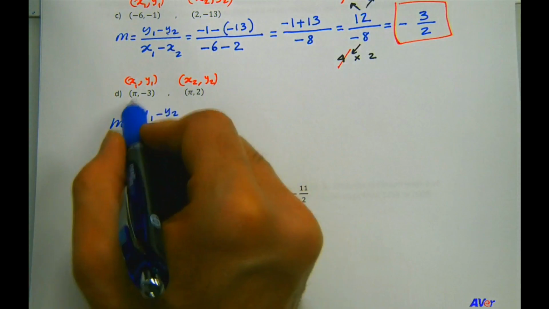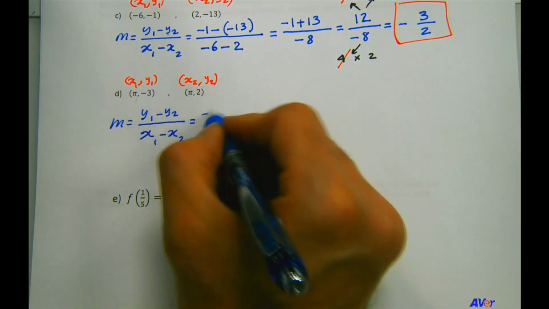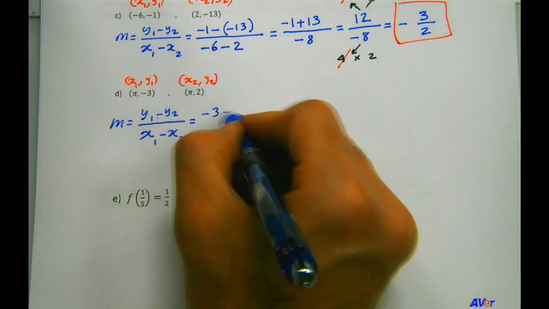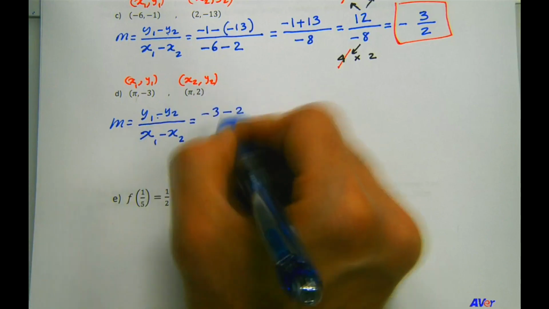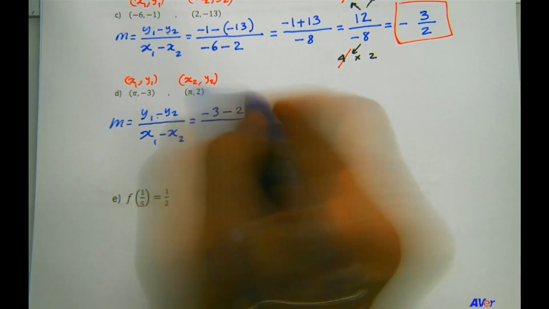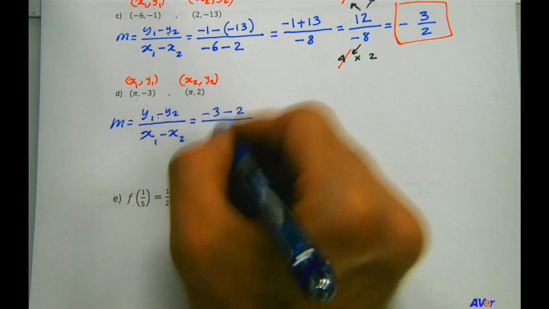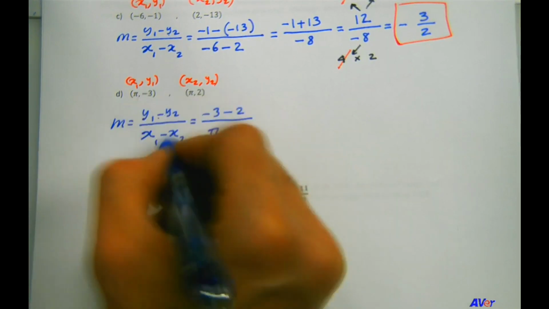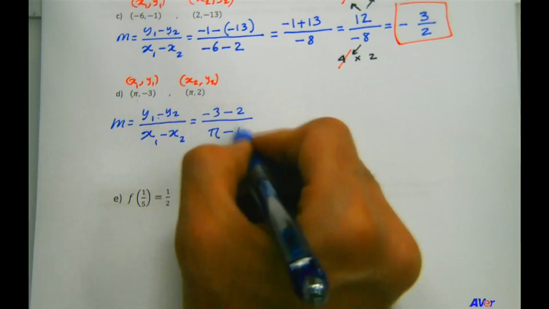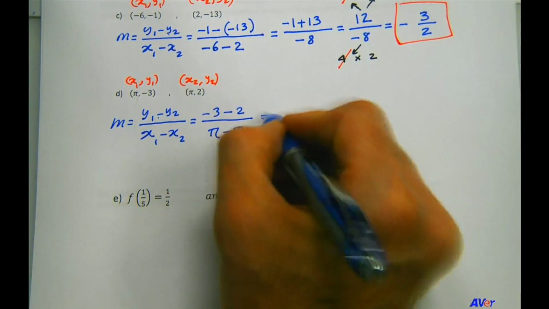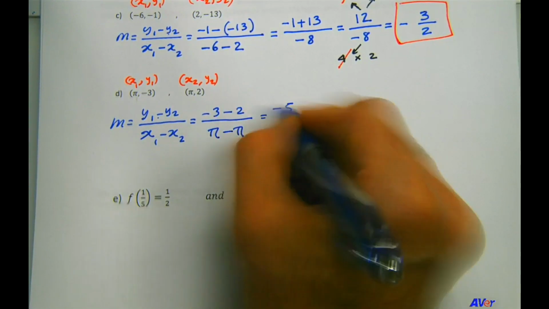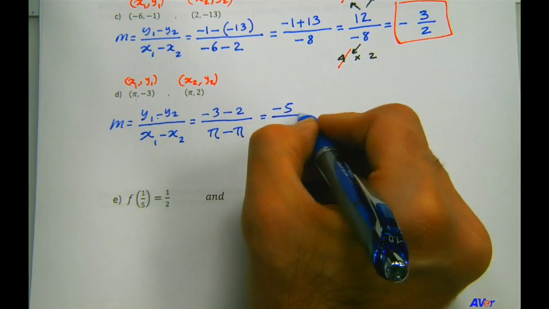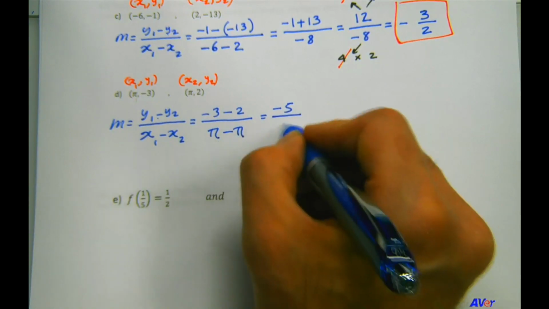So y1 in this case is minus 3, minus y2, which is 2. x1 is pi, minus x2, which is pi, right? So we have minus 5, minus 3 minus 2 is minus 5. Pi minus pi is 0.